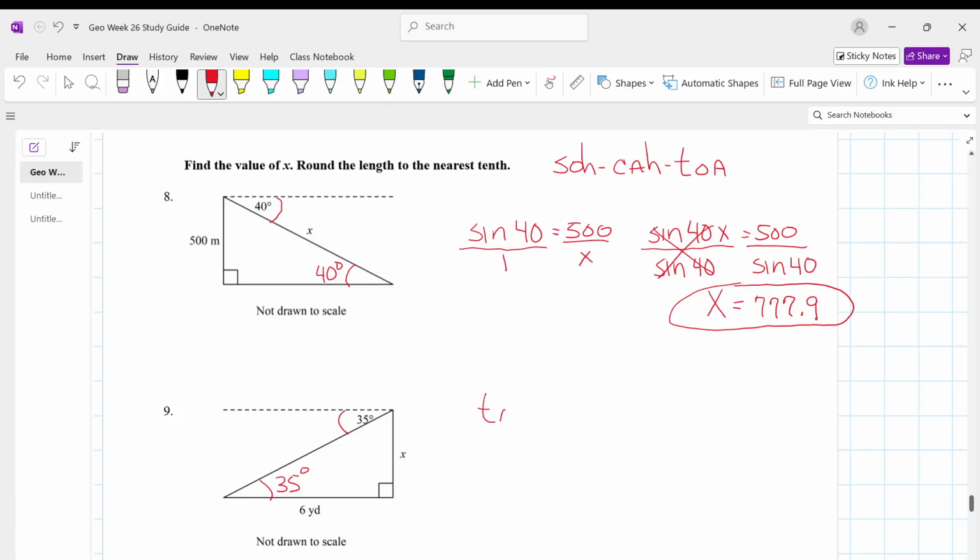So tan 35 equals the opposite side over the adjacent side. We're going to crisscross multiply, so x equals tan 35 times 6, which is 4.2.